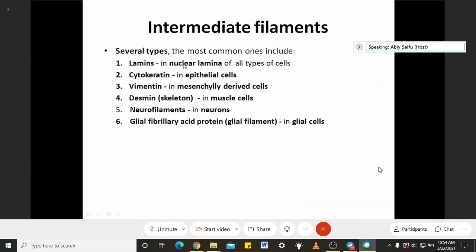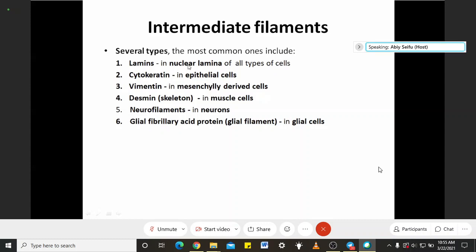In addition, they also have to be involved in additional activities along with other filamentous proteins. And there are different types of intermediate filaments. Depending on different cells, they are made out of different varieties. Like, for example, we have intermediate filaments known as lamins, which are found in the nuclear lamina of all types of cells which are nucleated.